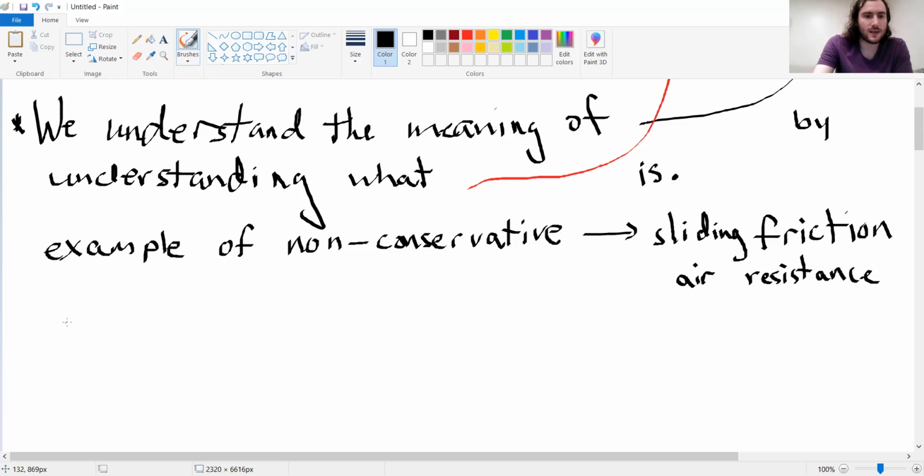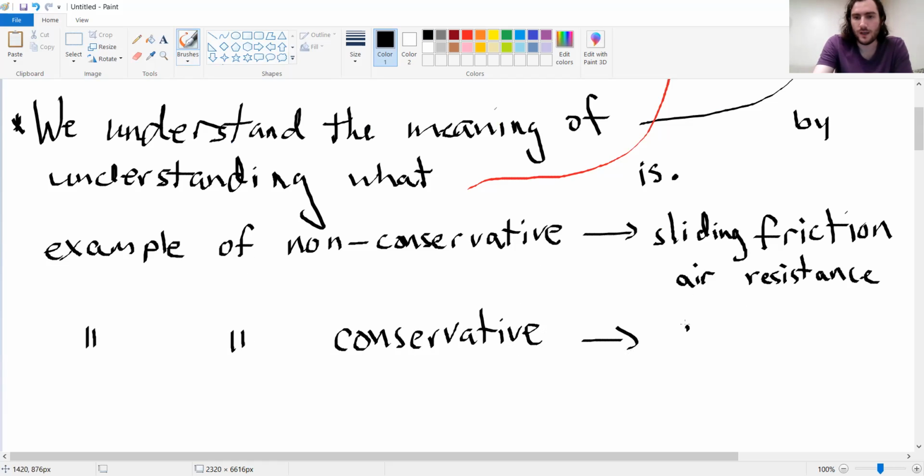So examples then of a conservative force would be any constant force. Any constant force is a conservative force.